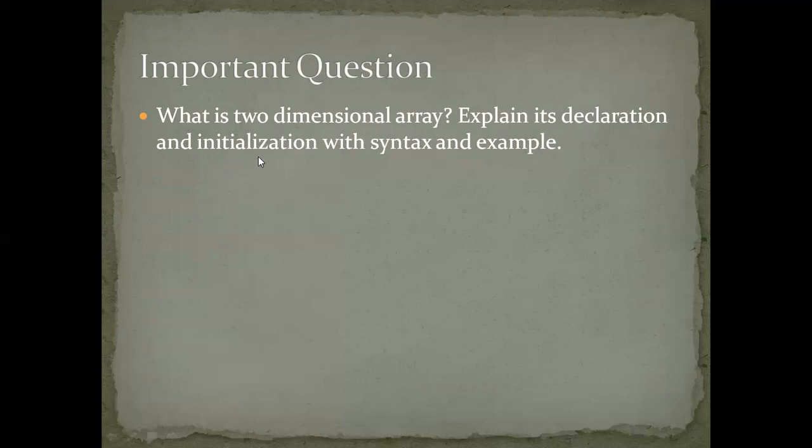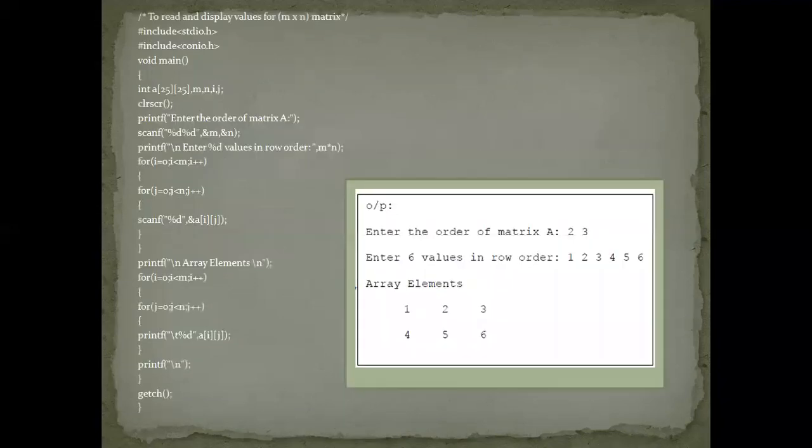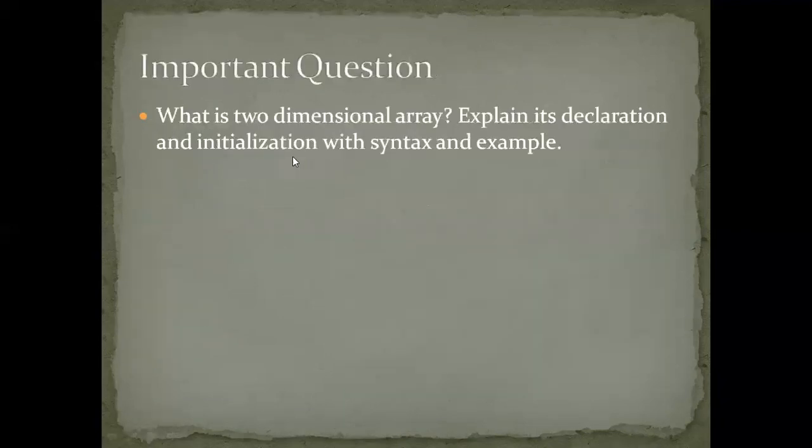And initialization: there are two kinds, one is compile time array initialization, and the other one is runtime array initialization. We have seen the syntax for array initialization as well. For the example, I have taken the matrix example for reading the values and displaying the values, with row value 2 and column value 3.